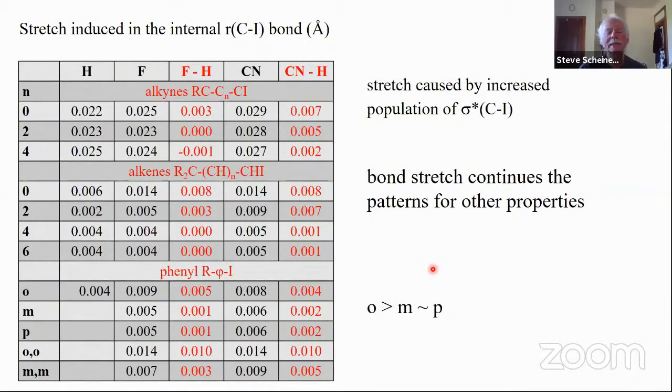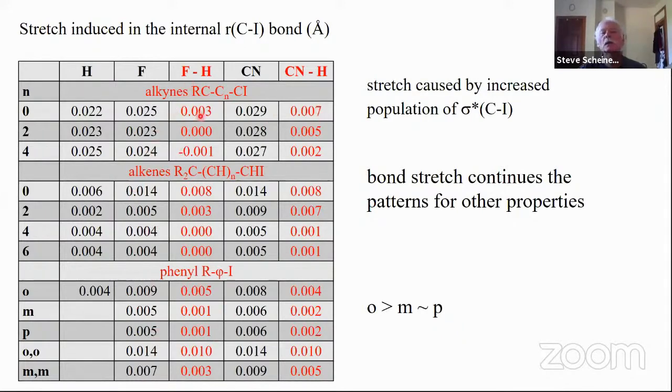Another way of looking at what the halogen bond does to the monomer is how much it stretches the bond. As I mentioned, there's some charge transfer into this sigma star bond. That charge transfer into an antibond will lengthen, as it weakens, the bond. And these show the amounts of that stretch.